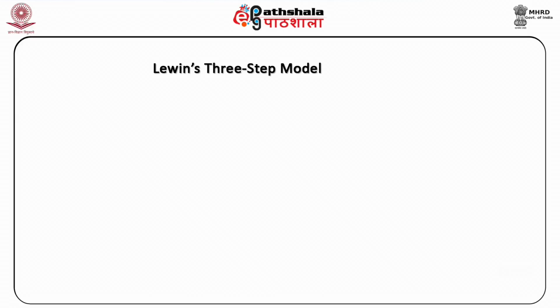Let us now try to understand the first approach to management of change, that is, Lewin's three-step model. The first stage, as shown here, is unfreezing. This stage involves overcoming inertia and dismantling the existing mindset.